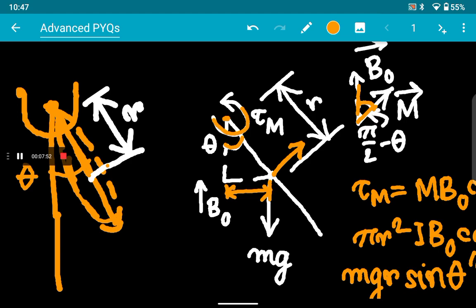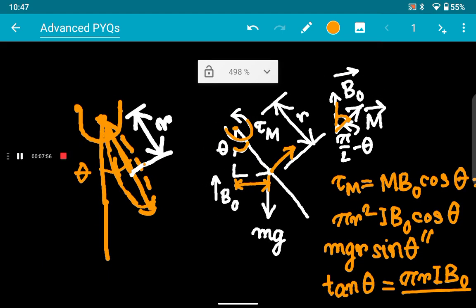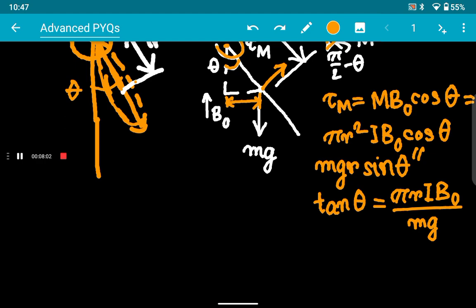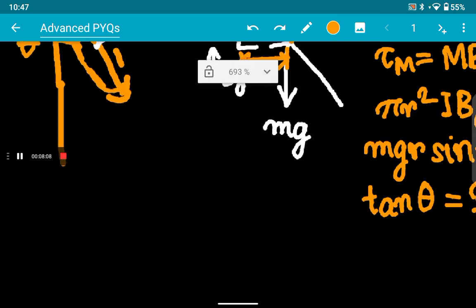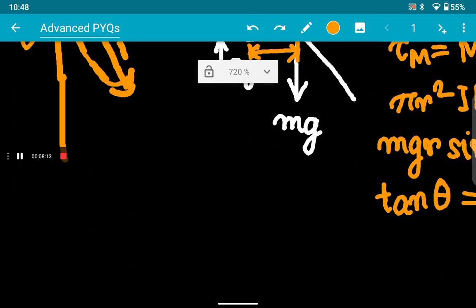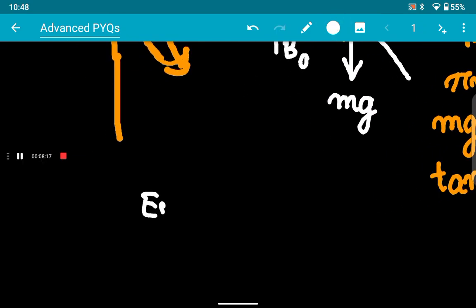So if mechanical energy is conserved, then what was the increment of potential energy? What was that? That was nothing but, let me write energy method here because this is a different method.